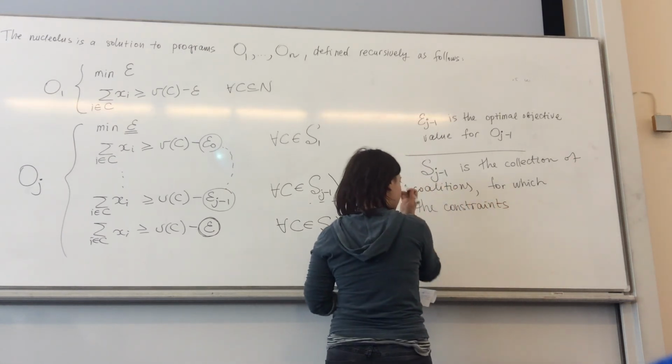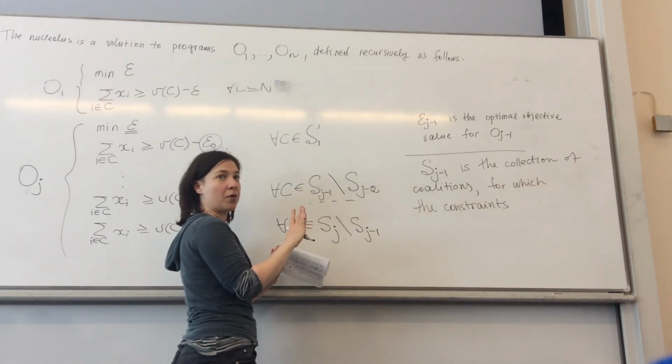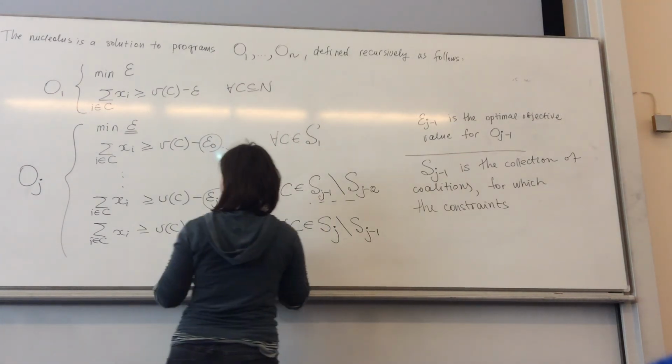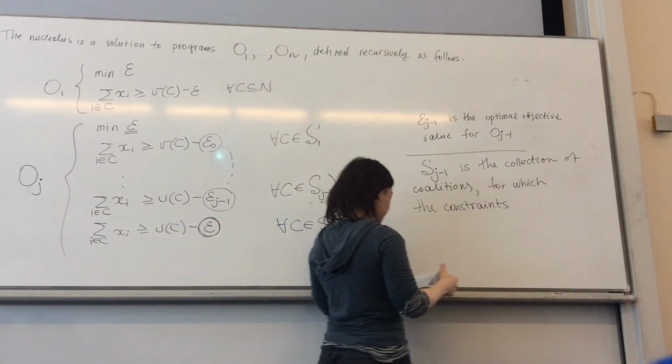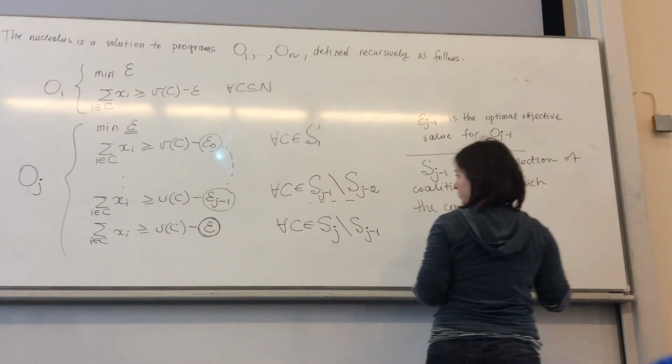So these are tight constraints, meaning that those coalitions we cannot touch anymore. Otherwise, we will spoil the value of excess that we achieved in the previous step. So we exclude those coalitions and only look at those remaining.